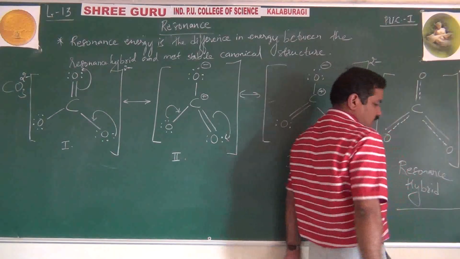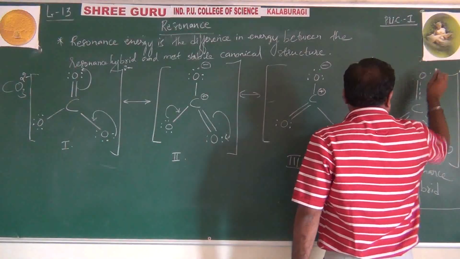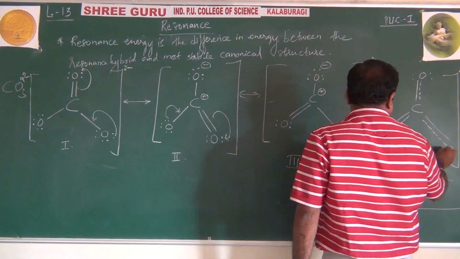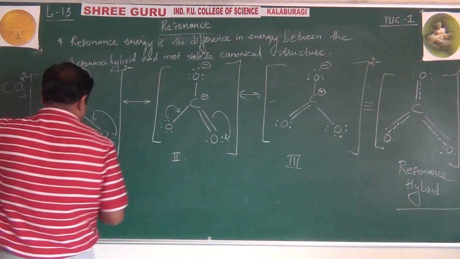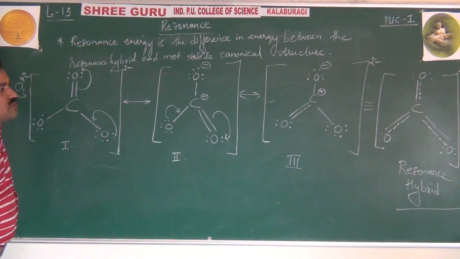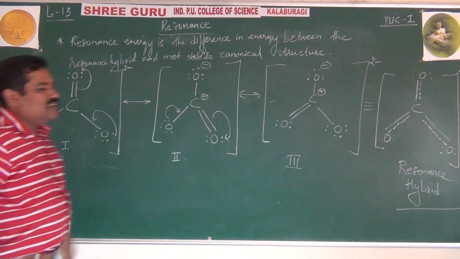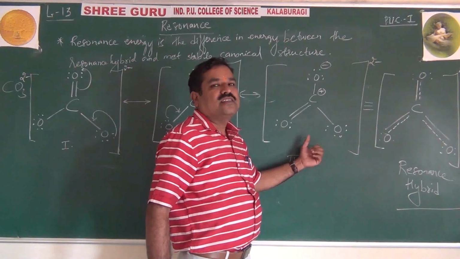Got it? I think now you are getting it. I'm writing for your purpose, not necessarily to write numbers. That's about the resonance structures of carbonate. Generally they may ask you for 2 marks, but remember, the resonance hybrid is this minus this.